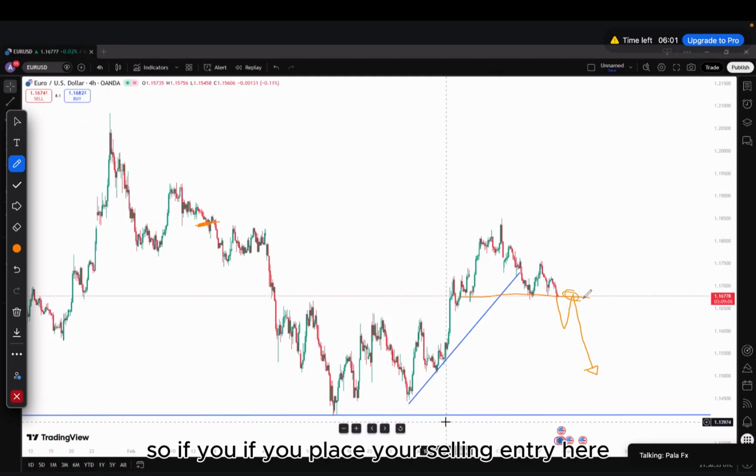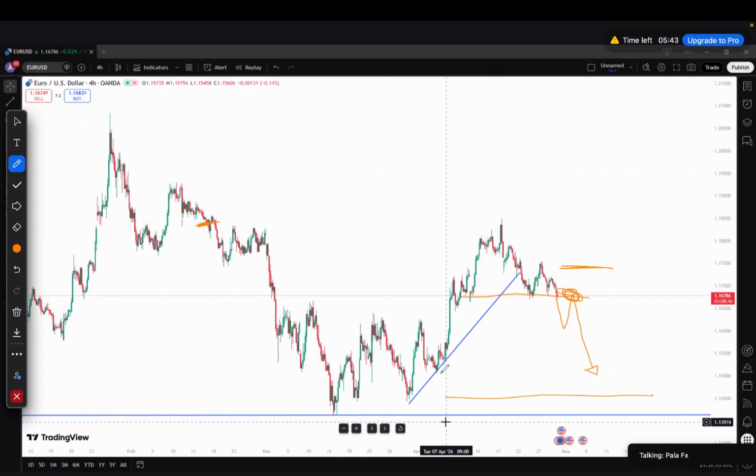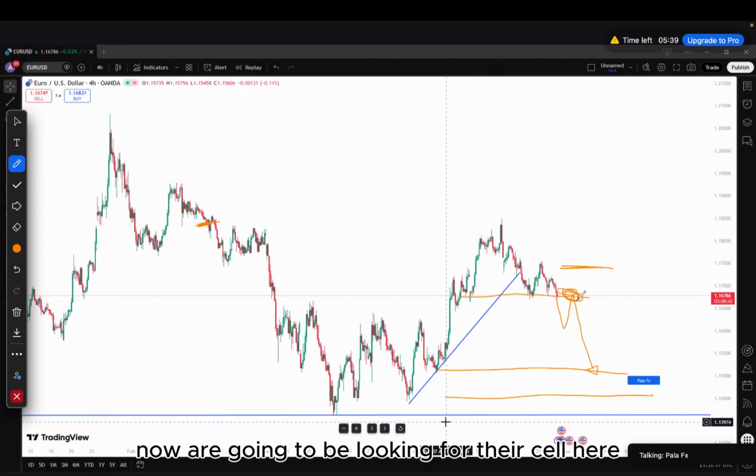If you place your selling entry here, your stop loss will be above your entry, and your take profit is obviously going to be around this zone or this zone. A lot of people that identify this pattern are going to be looking for their sell here. That's people that trade with patterns.